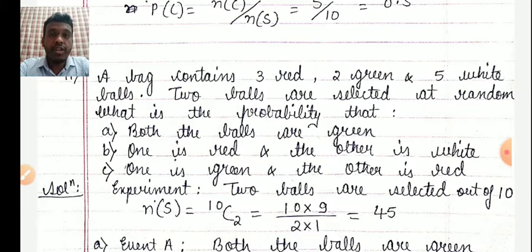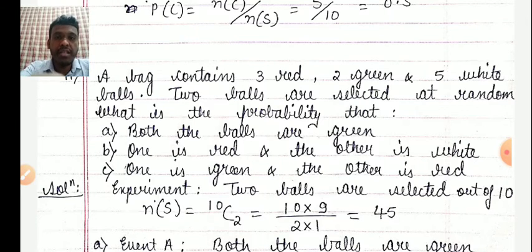So total number of combinations is nC2, where n is the total number of items available, and this 2 at the bottom represents the number of items you are taking at a time. So this becomes 10C2, nCr, and it is given by 10 into 9 divided by 2 into 1. How this comes, I have explained in a previous example.